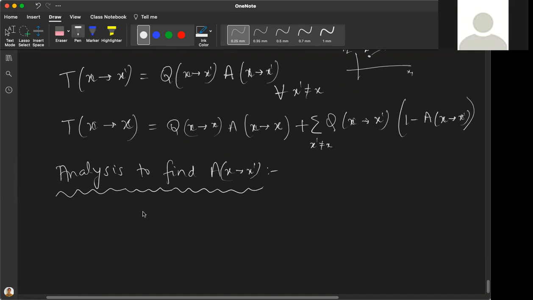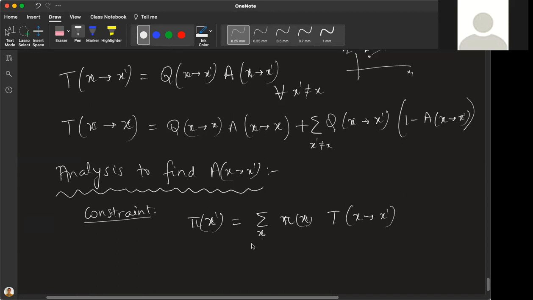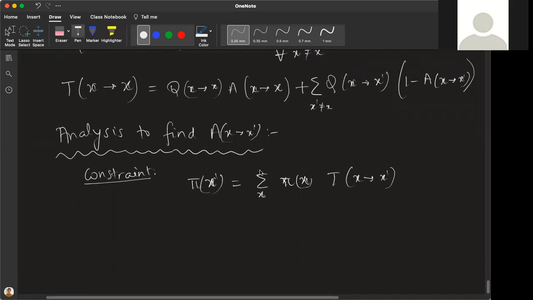The only information that we have is that I must satisfy the stationarity condition, which is pi of x dash should be equal to pi of x times T of x to x dash, and you sum over all x. Right? That is the constraint. I know this constraint should be satisfied. Now, can I use this constraint to find some A?